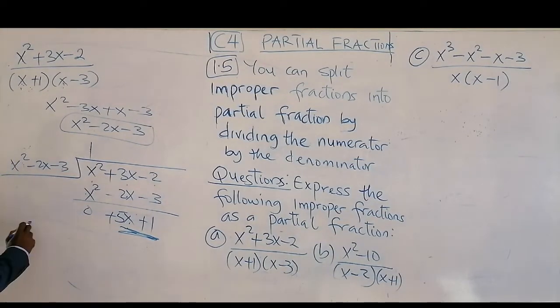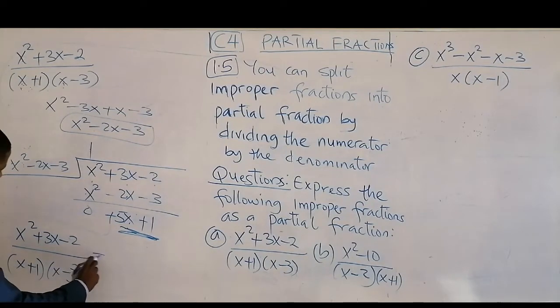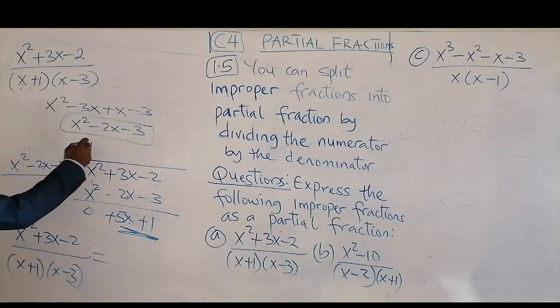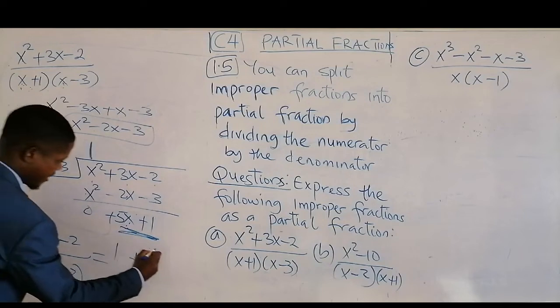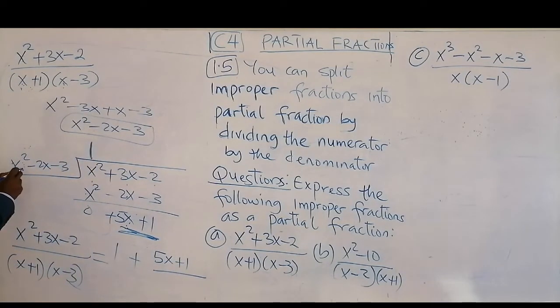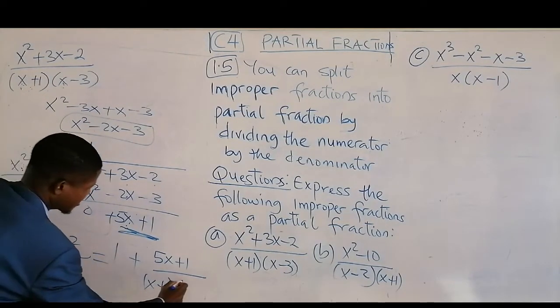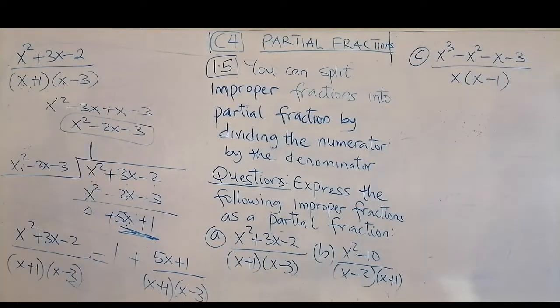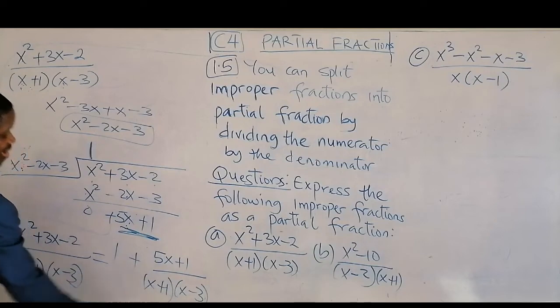Your question, x squared plus 3x minus 2 over the denominator, is now equal to 1, which is what we call the quotient, plus your remainder 5x plus 1 over your denominator, x plus 1 times x minus 3. Then you now turn this one into partial fractions.